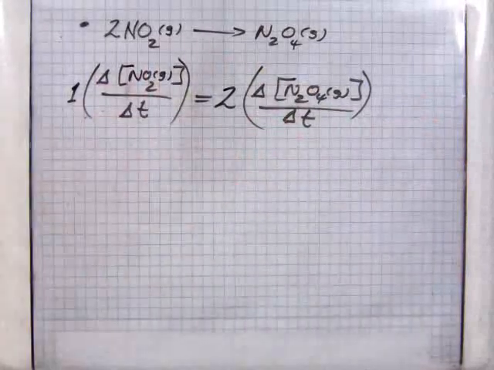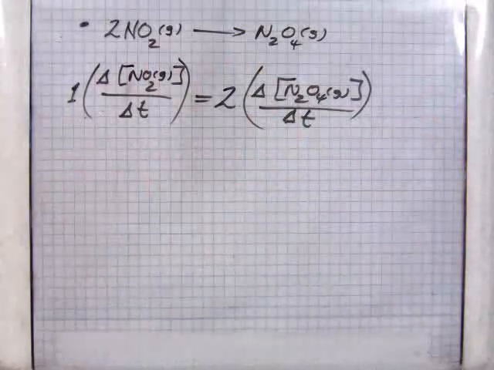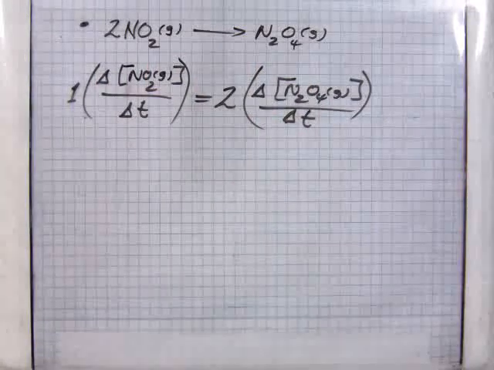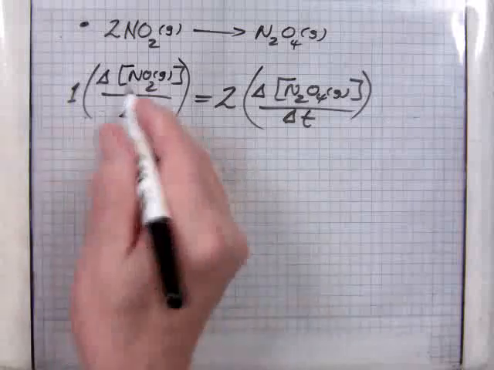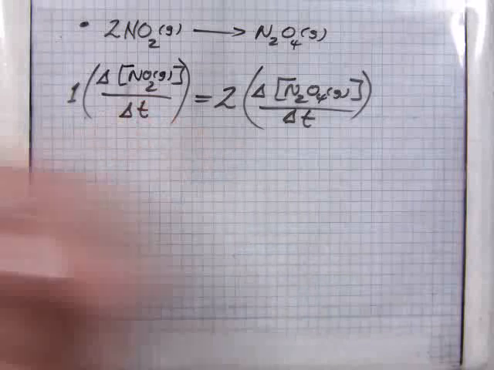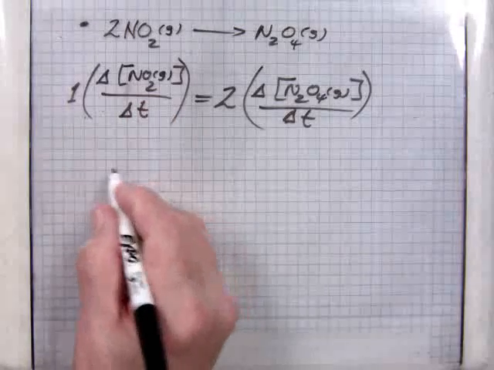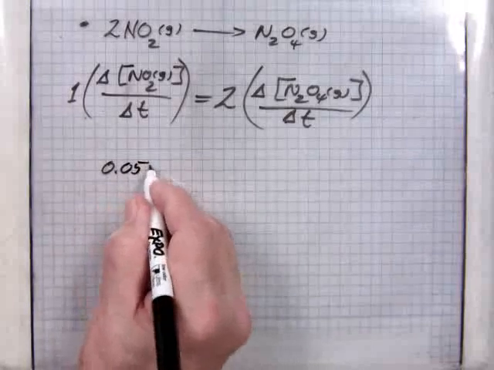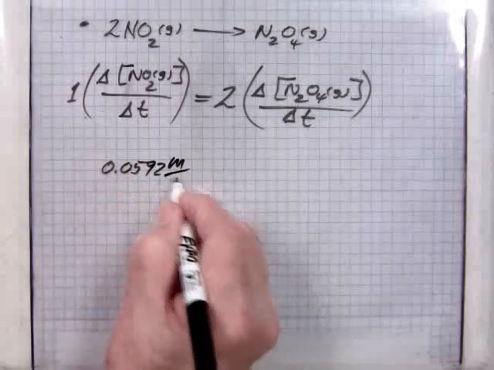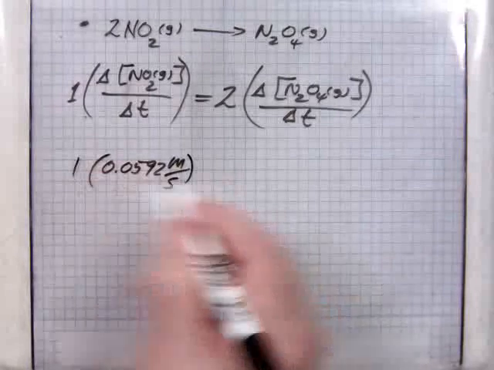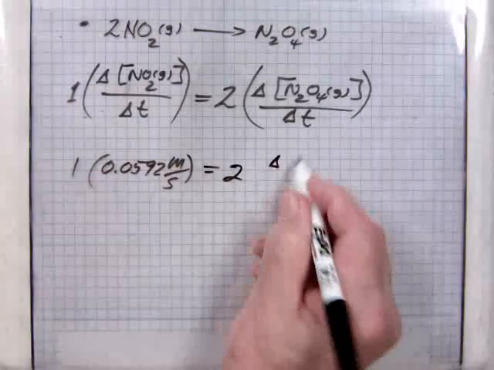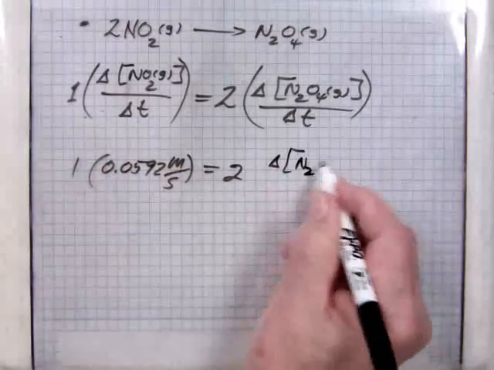Well, according to the problem, the NO2, that's this one, is being consumed at 0.0592 molar per second. And that's 2 times the change in the dinitrogen tetroxide.